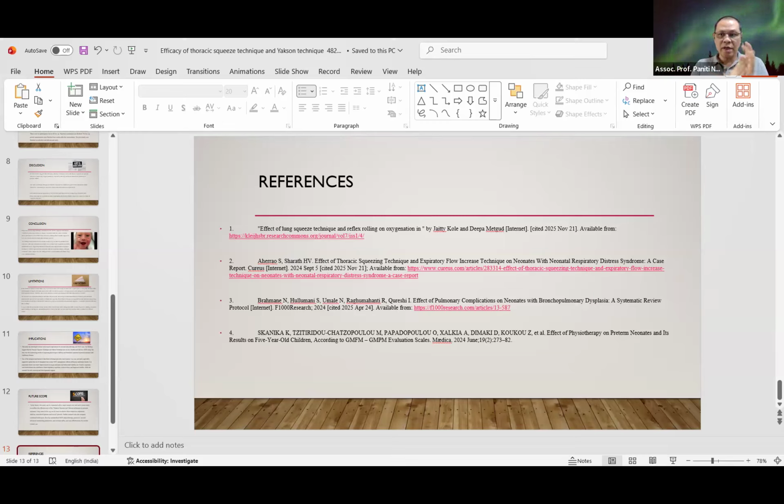I do have one question. I just wonder why you compare respiratory physiotherapy techniques with a calming touch therapy.